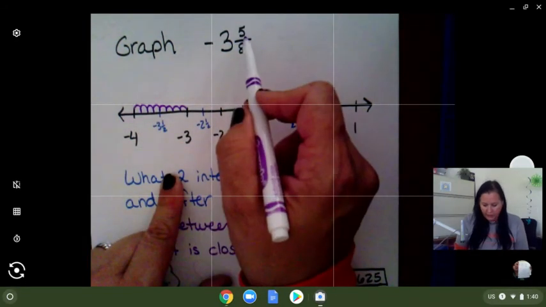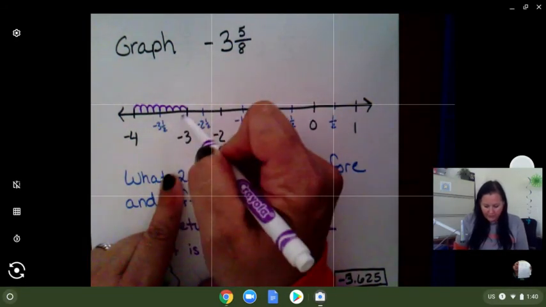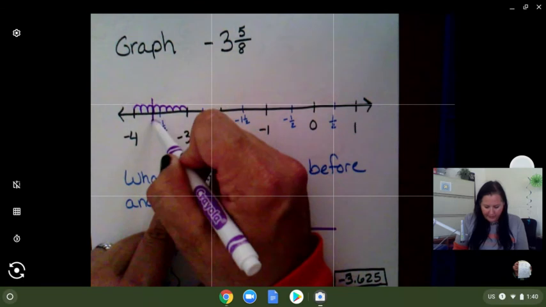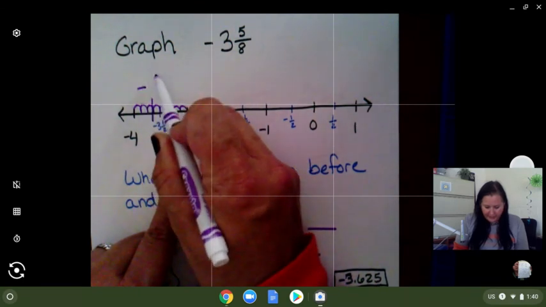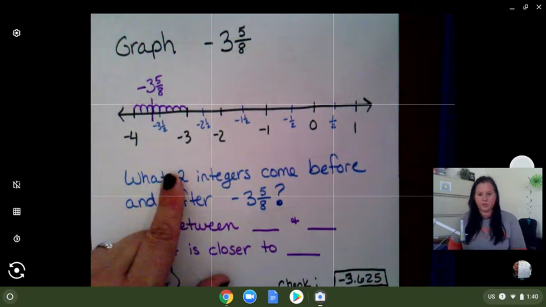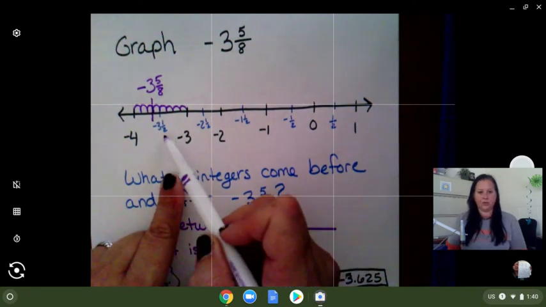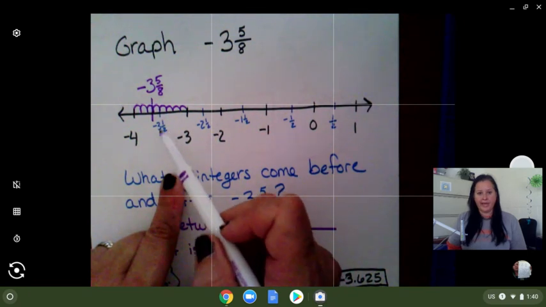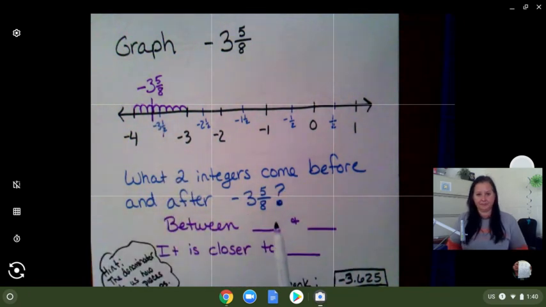And we're going to go 5 hops over from the 3. So we're going to go right about here, and we will place that on the number line, negative 3 and 5/8. So we're going past, this would be like 4/8. Half of 8 is 4, so 4/8 is the same as 3.5. It's a little past that.